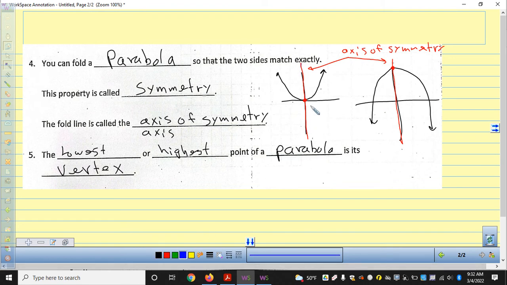So this point is the vertex, and this point is the vertex. And every parabola is going to have a vertex. So every parabola has an axis of symmetry, and every parabola has a vertex, the lowest point or a highest point.